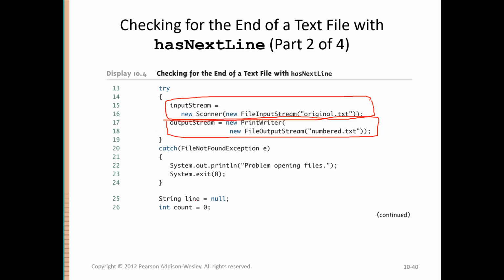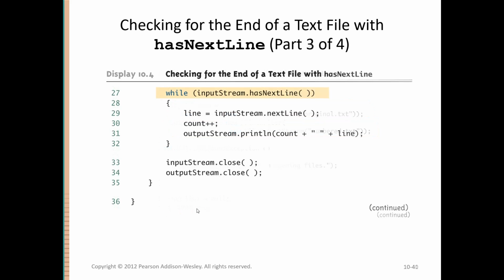Okay, we have string line, count 0, and then here, while there is a line to read, I'm going to take the line, put it inside this variable, increment count, and then in the output stream, in the file that I'm saving, I'm going to put the number, this is line number 1, then a space and the line that was read. This repeats for each line inside the input file.